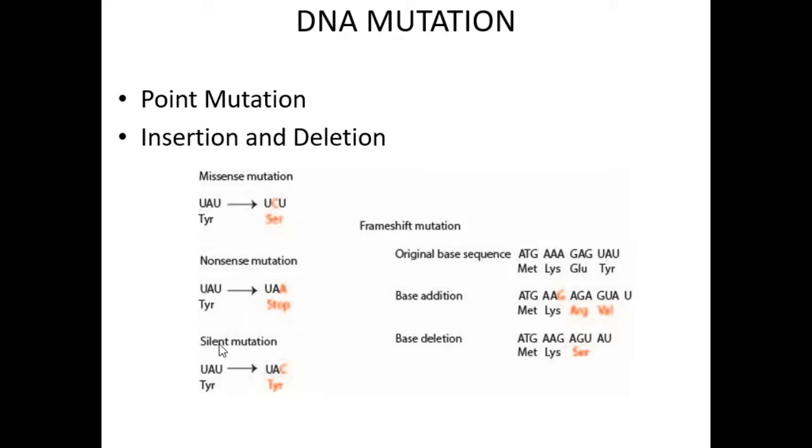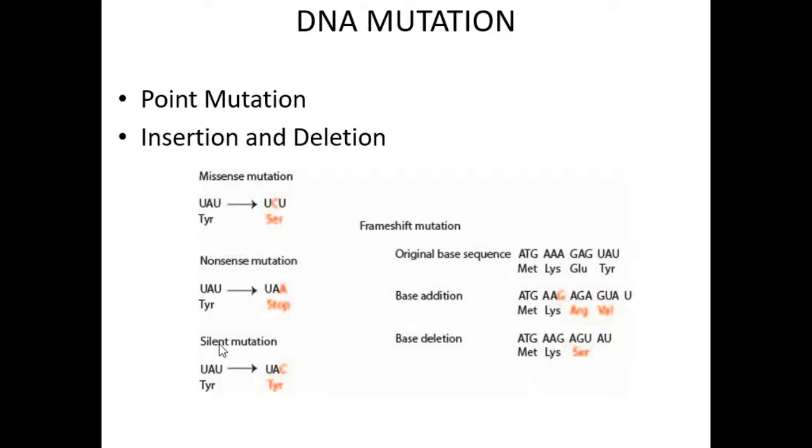If it's purine to pyrimidine or pyrimidine to purine, we call it a transversion. Adenine and guanine, A and G, are purines, and C and T are pyrimidines. So if you change A to G, that's a transition, purine to purine.